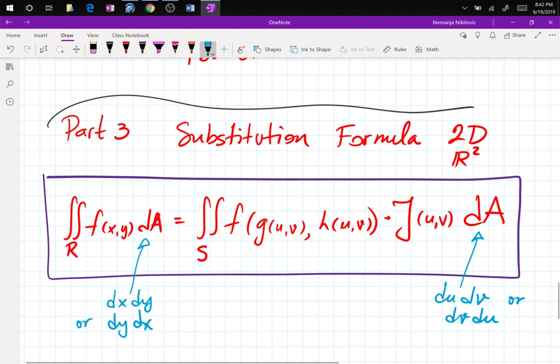We transformed the region, so region is now uv. We did the Jacobian, which is the equivalent to doing the du dv thing. And then we also transformed the function from x and y to u and v. So those are all three components that we need for our calculation. We'll take a look at the 3D later. We are going to do a full problem now to see all of the components necessary to solve this.